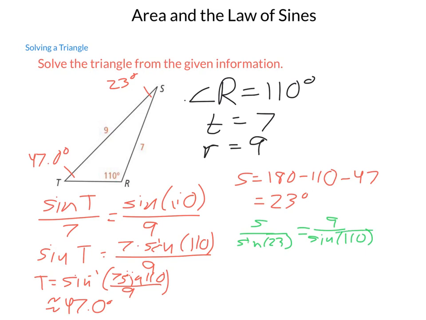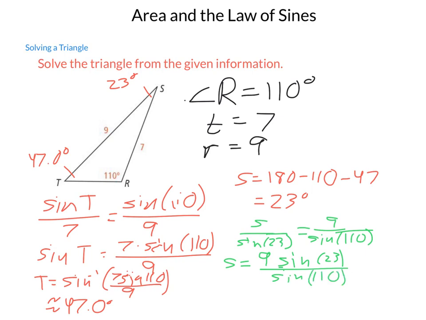Okay, solving for S, I'm going to multiply that sine 23 out of the denominator, so I have 9 times the sine of 23, all divided by the sine of 110.